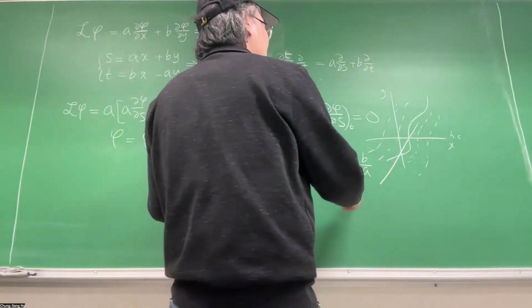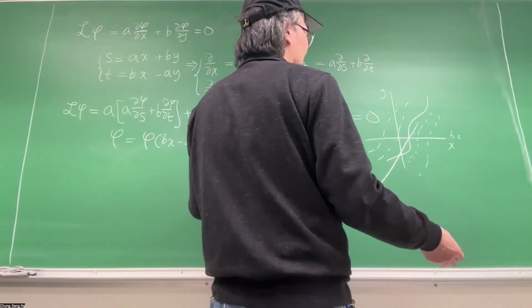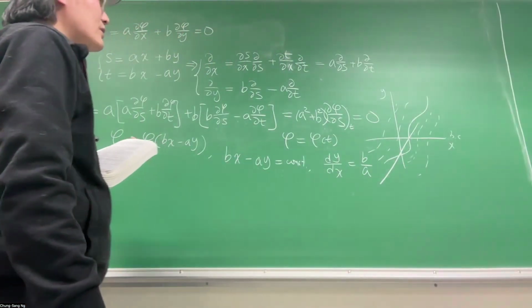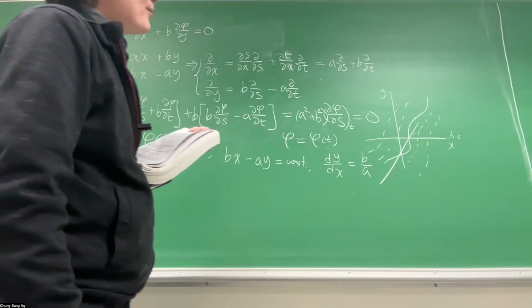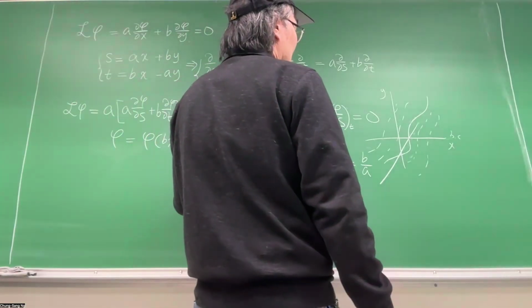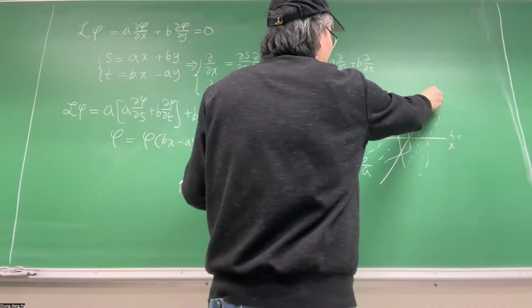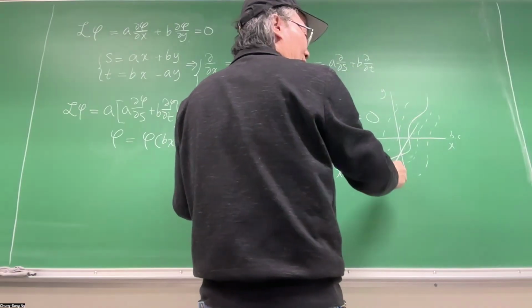Okay, and that is a restriction on how you impose your boundary condition, and in particular, you don't want the characteristic to be your boundary curve.